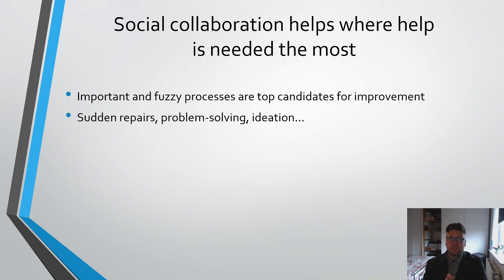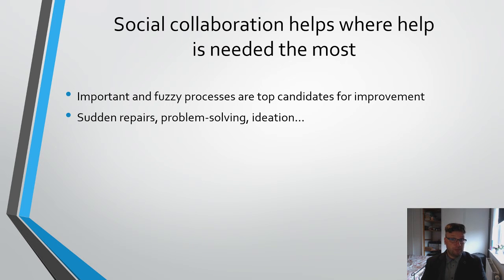To sum this up, social collaboration tools are a really exciting new piece in the process improvement toolkit, because they help where help is needed the most. They are not particularly helpful in a traditional environment where you have a process and you have standard work times and takt time, and you just go chunk from one piece to another.